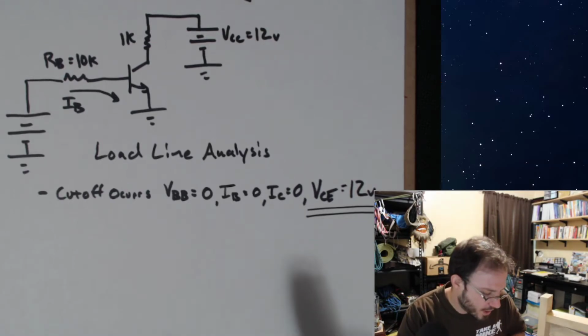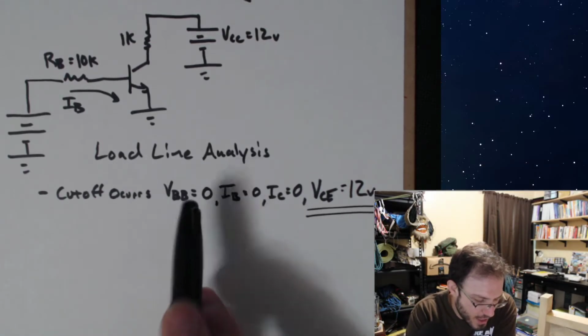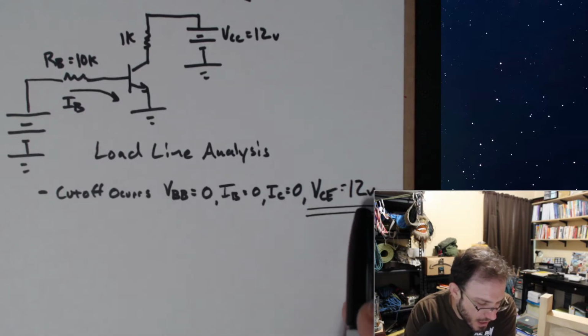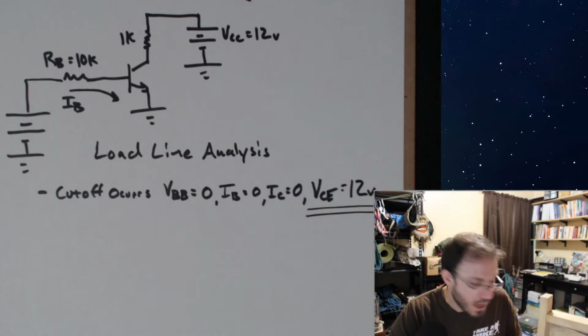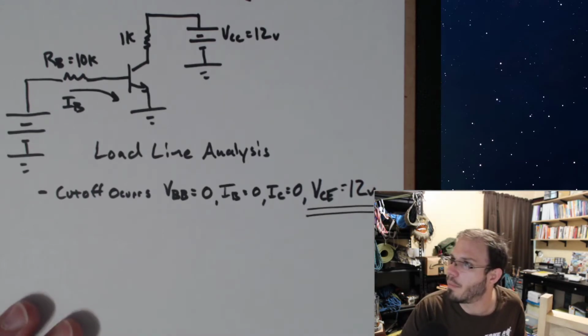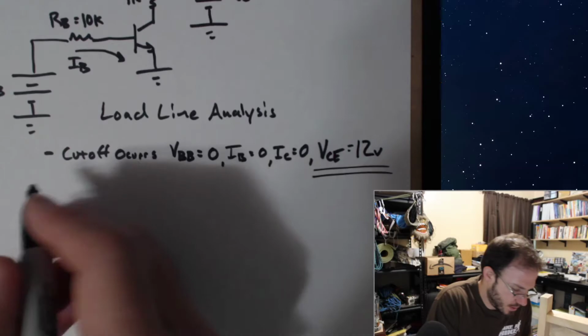Okay, so continuing on. So we know cutoff is going to occur here, and VCE is going to be at 12 volts when we're in cutoff. Now let's go ahead and define that upper bound at saturation.